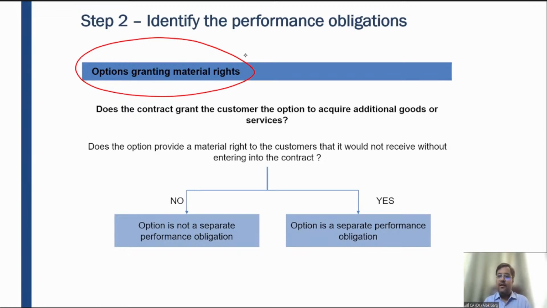Answer is no. So in both of these examples, I entered into a contract initially, and then I got something for which I am entitled to some discount in future purchases. I have taken some goods or services from this entity, right?